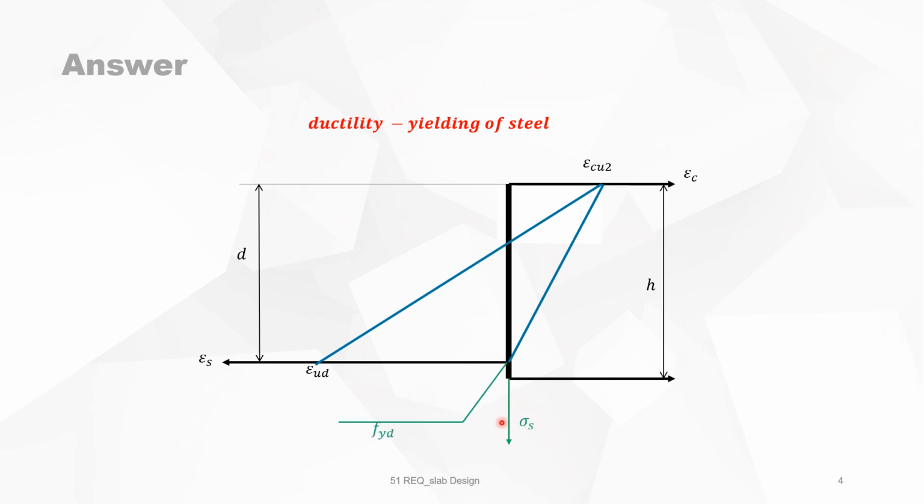So when we look at the stress in the steel, it builds up until it reaches fyd, until it yields. So that's the strain diagram that we want to find, just before yielding. So we are in domain 2A for yielding of steel.